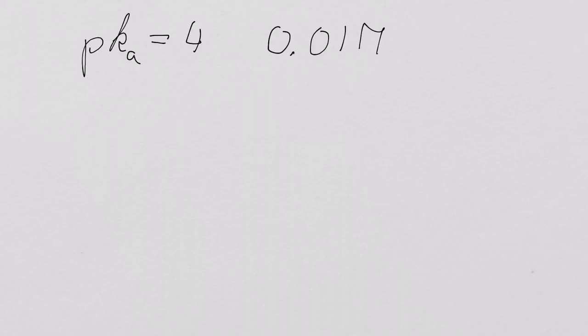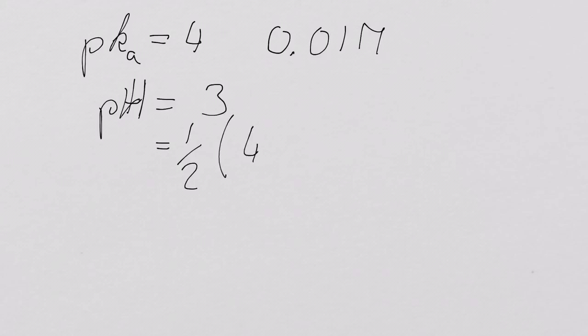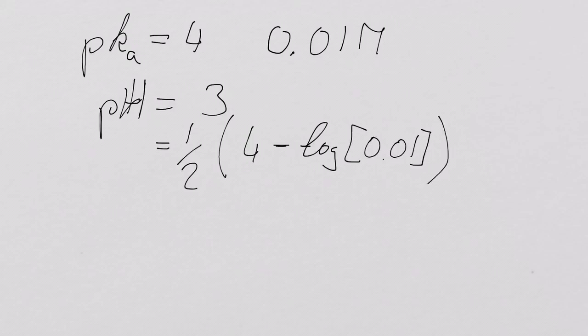What's the pH? pH equals 3. Why? Absolutely right. So pH equals half of 4 minus log of 0.01. And that gives us half of 6 equals 3. Wonderful.